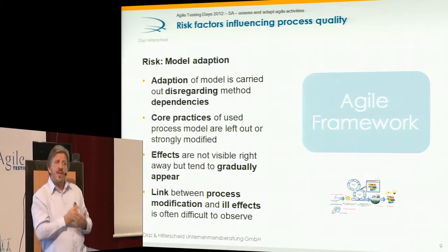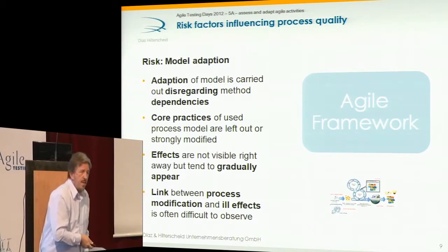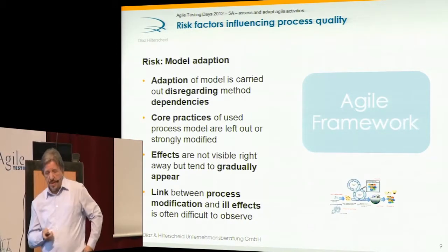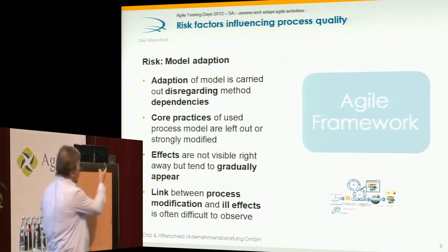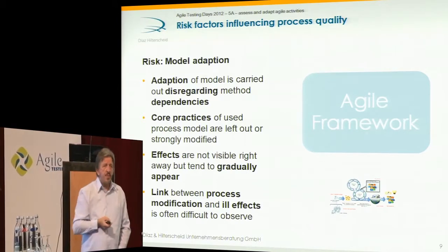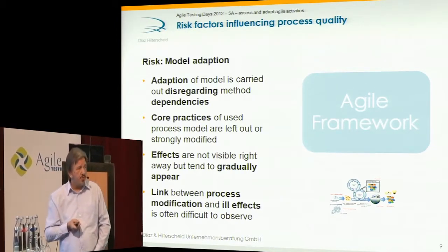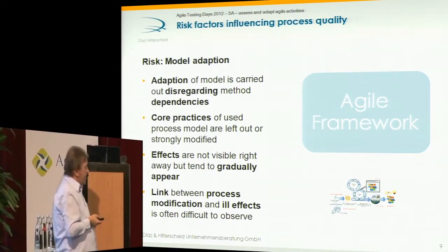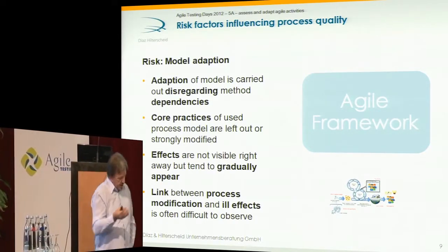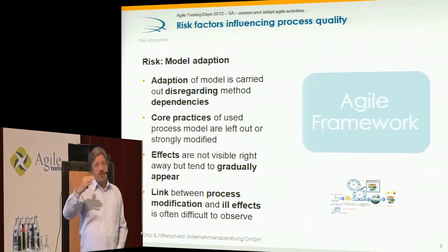So they sort of wrote like one chapter of the specification, gave it to the developers and said, oh, we're doing Agile now, so you can already start working on this incomplete specification. So there are various ideas in the heads of the people of how to implement this. And that was one of the things we found out. Core practices were not used in the process model, or they were modified so strongly that you did not recognize them. And as I mentioned, the effects only showed up gradually.